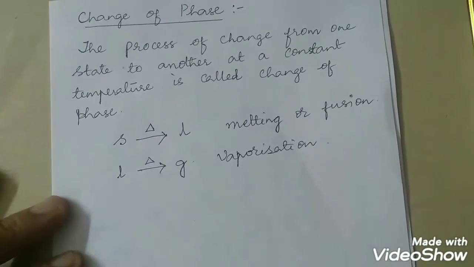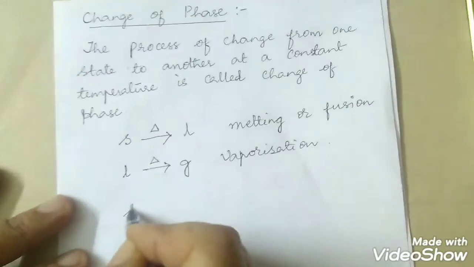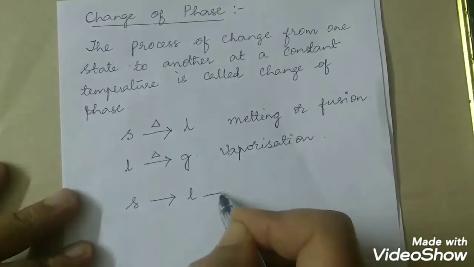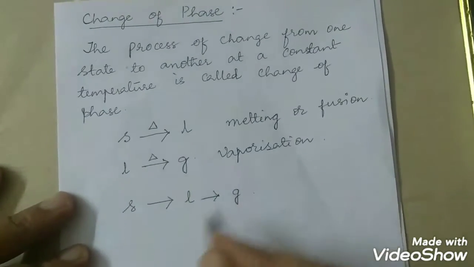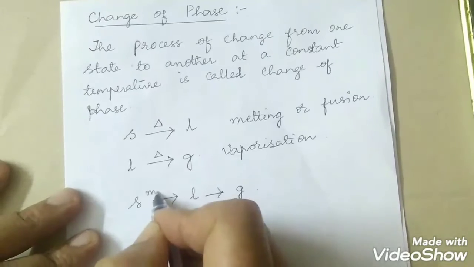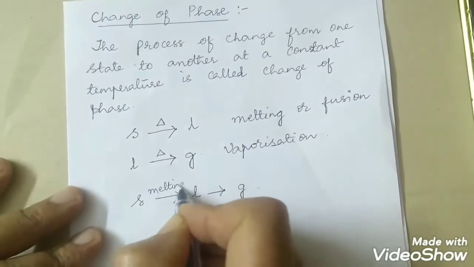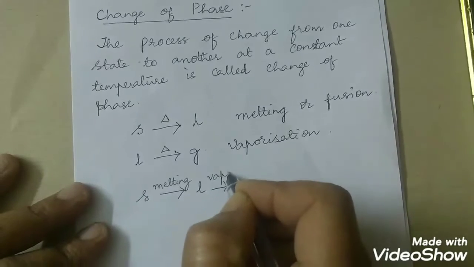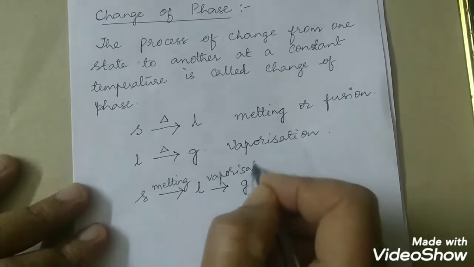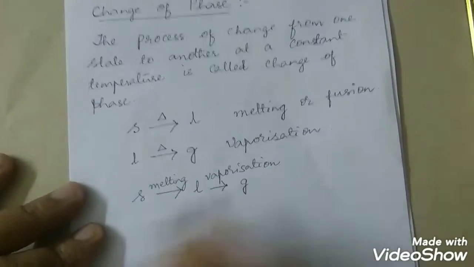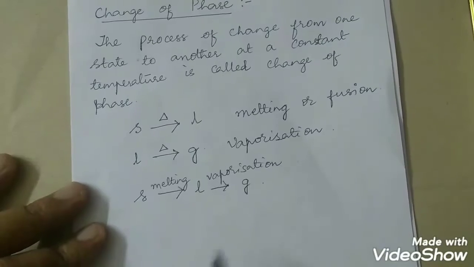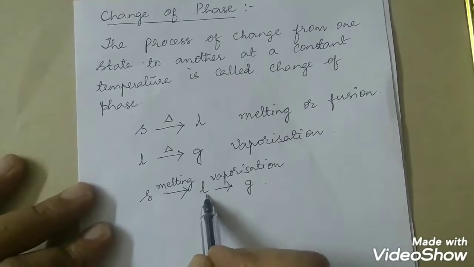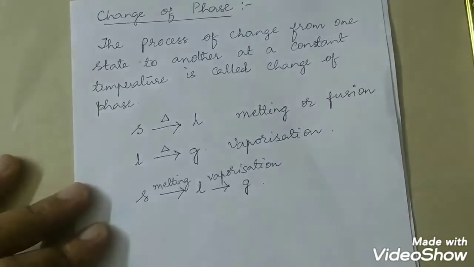Now, all these things can be written like this: solid, liquid, gas. Solid on melting changes to liquid, liquid on vaporization changes to gas. Apart from this, a gas can be converted to liquid and a liquid can be converted to solid.